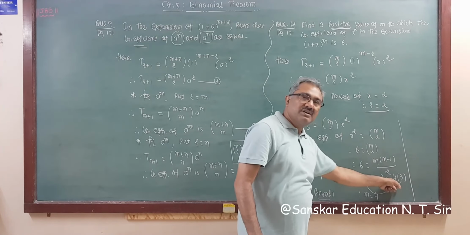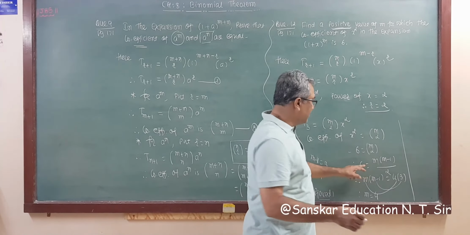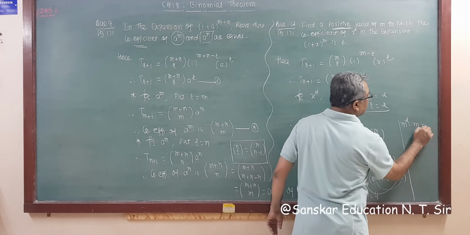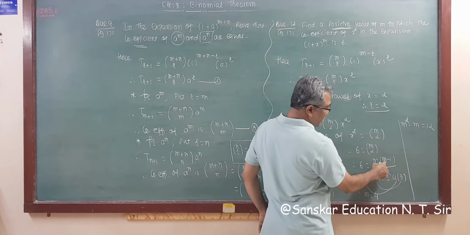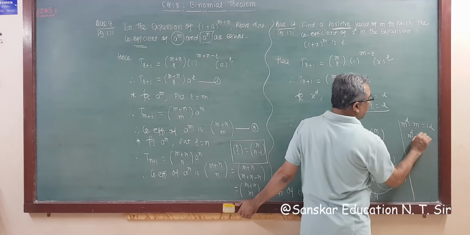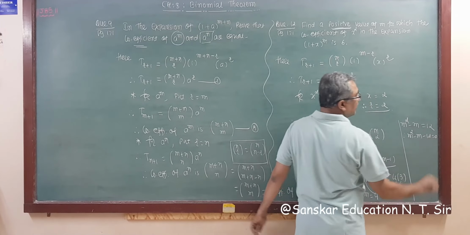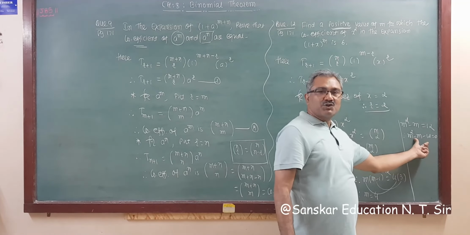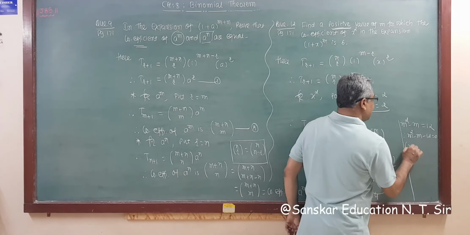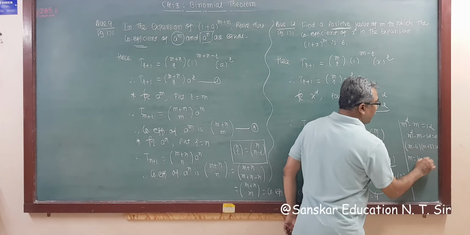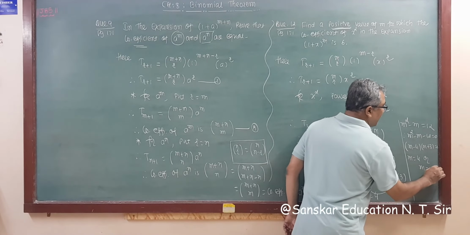If you don't know this, then you have to go like this: m square minus m is equal to 12, so m square minus m minus 12 is equal to 0. Now the factors of this, 4 and 3, so (m minus 4)(m plus 3) is equal to 0. So m is equal to 4 or m is equal to minus 3.